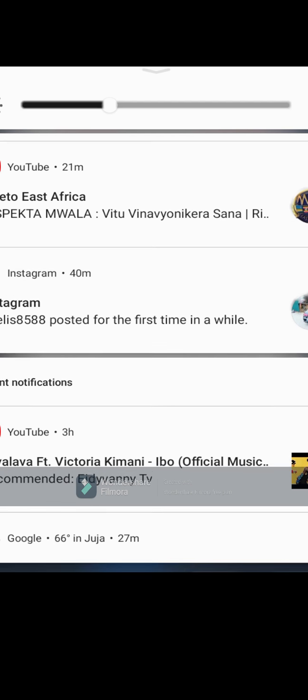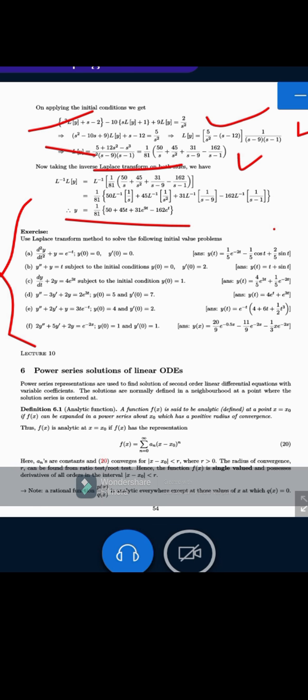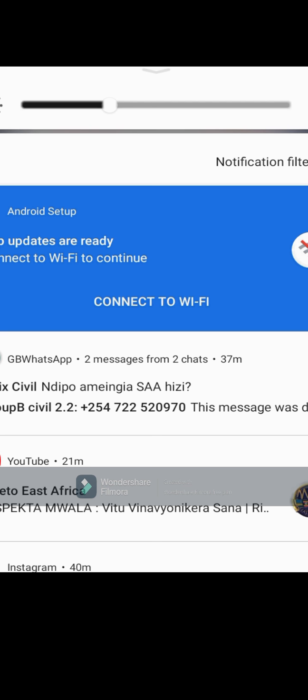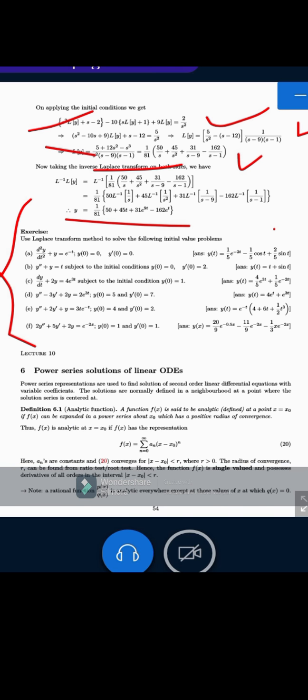This area of Laplace transform is basically like 3 marks. So long as you know how to apply the Laplace transform, apply the initial conditions, make Ly the subject, and then get the Laplace inverse, you are done. It is as easy as that. There are some questions that have been provided with answers, so have a look at them and ensure that you are able to get the answers provided there.